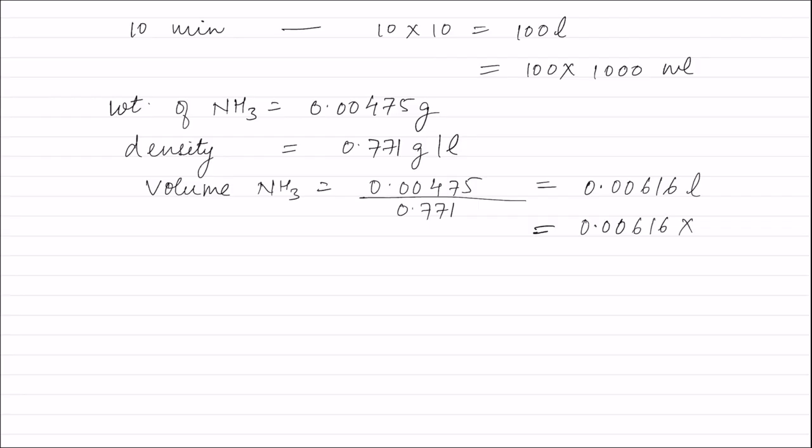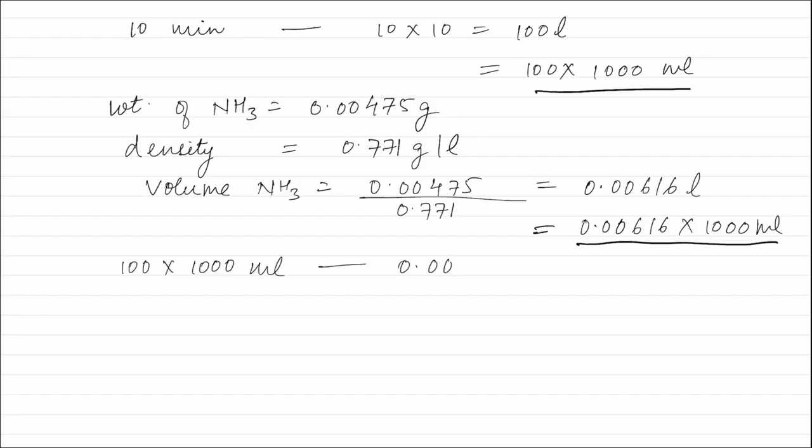0.00616 into 1000 milliliters. Therefore, the volume of ammonia in 100 into 1000 milliliter of air is 0.00616 into 1000 milliliters.